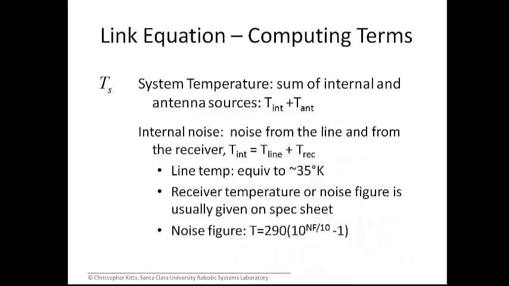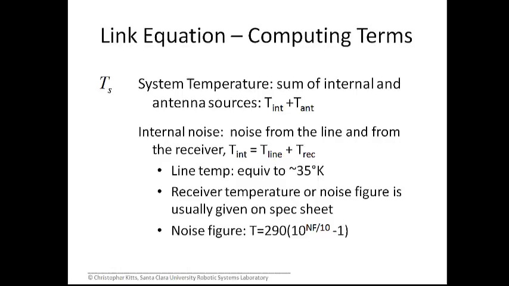System temperature is a bit of a difficult thing to wrap your mind around in some cases. We typically break it into two parts: the noise that comes from our own equipment, as well as the noise that comes from external sources that we pick up through our antenna. And so the internal noise comes from the fact that we don't have perfect equipment.